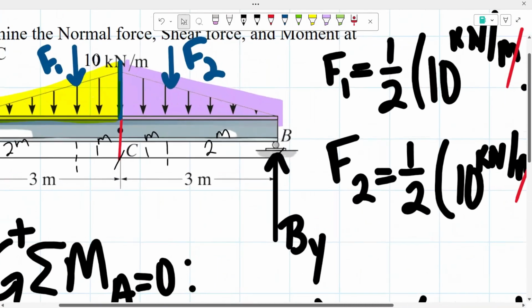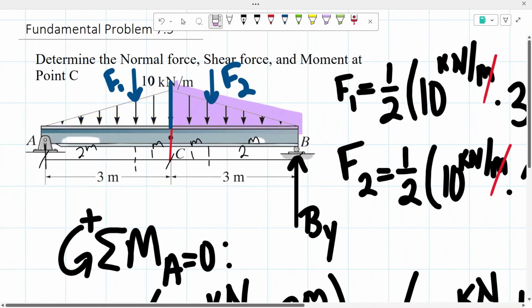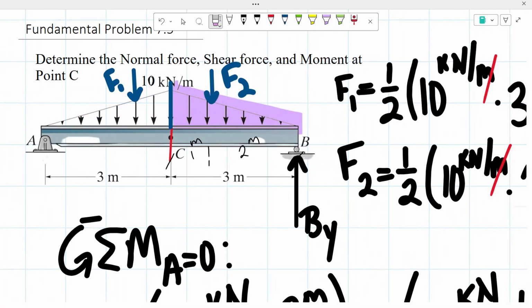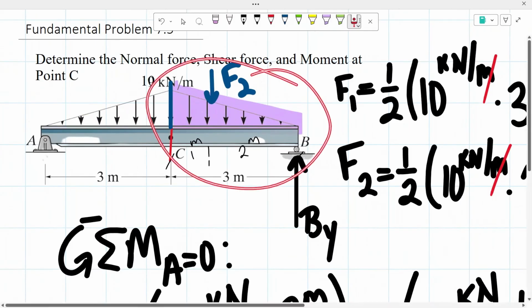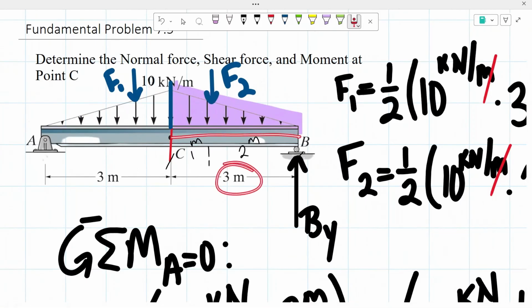What our free body diagram is going to consist of is basically just everything right here. We're going to be drawing everything that's on this side of the cut. As you can see, we're going to be drawing our beam with a span of 3 meters, our roller support with our reaction, and this loading that we have with our concentrated force right there.